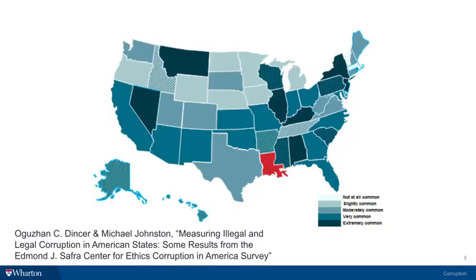So let's take a look at this map. This is a map produced by Michael Johnston and Oguzhan Dincer. They spent a long time bringing together from, again, a variety of sources, the frequency of corruption in one particular country, and that country is the United States.